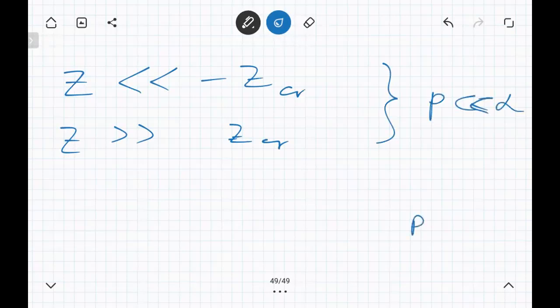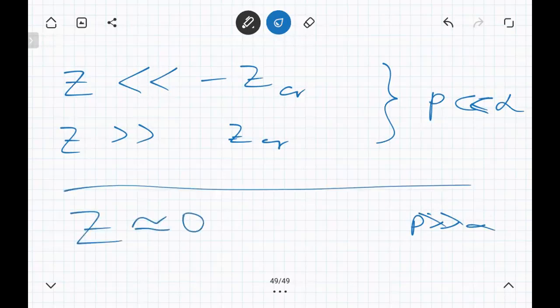When p is much more than alpha, that means that your z-score is almost zero. So both cases are strong evidence of null hypothesis being false, or strong evidence of null hypothesis being true.